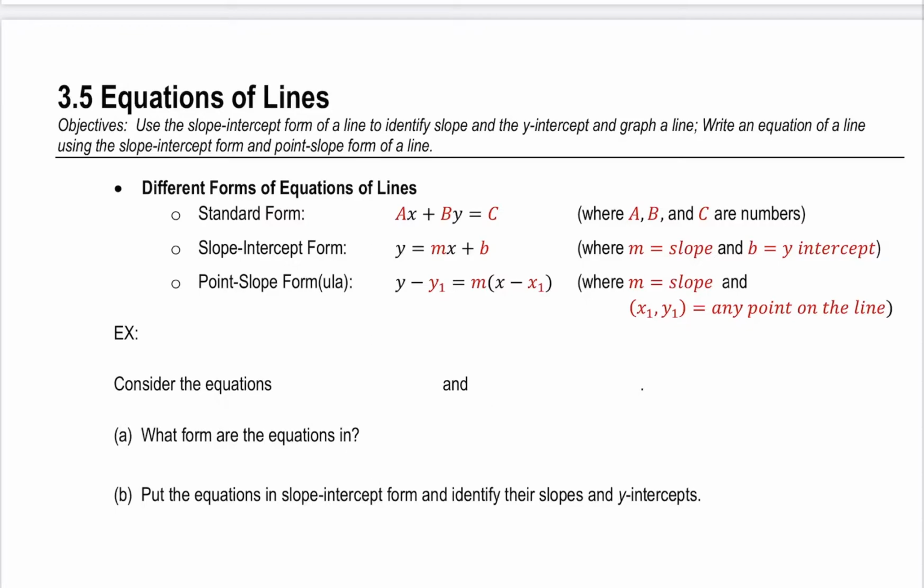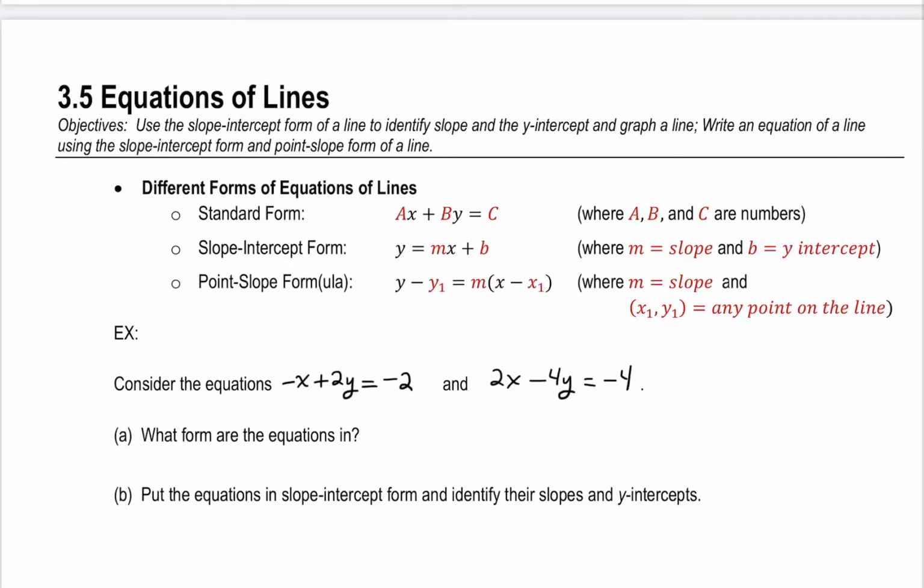So the standard form of a line is just the x term plus the y term equals the constant on the other side. Now, this is fine. For example, suppose I have negative x plus 2y equals negative 2, and 2x minus 4y equals negative 4.